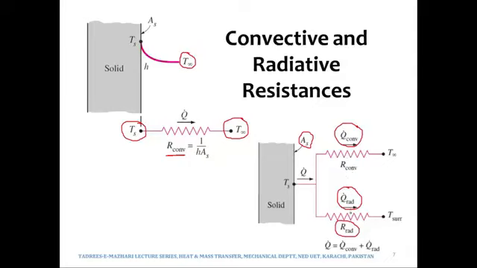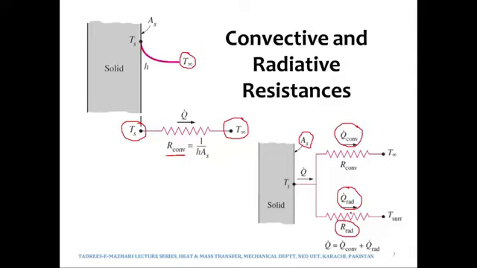So it means that thermal resistances may be in series, just like the electrical resistances may be in series. And we have seen various electrical networks in which the resistances are connected in parallel. So therefore in thermal networks the resistances may also be connected in parallel, as is shown over here.